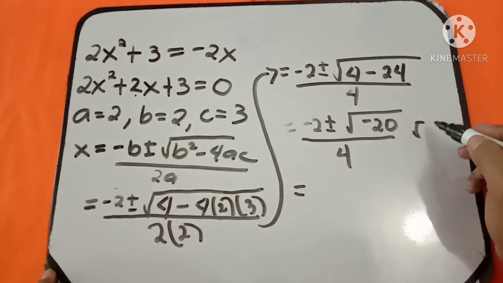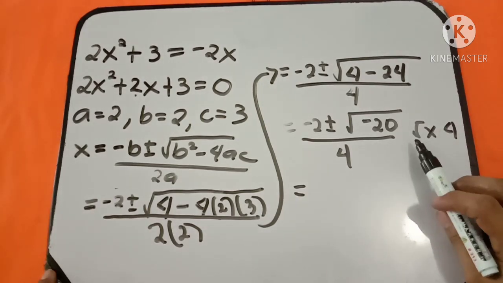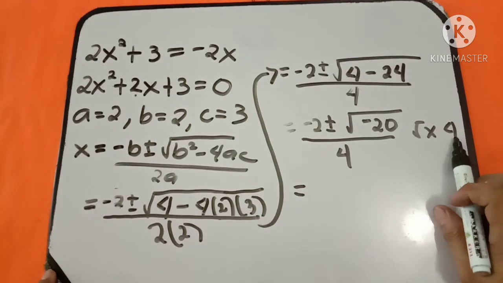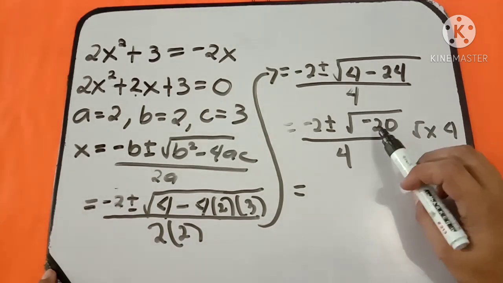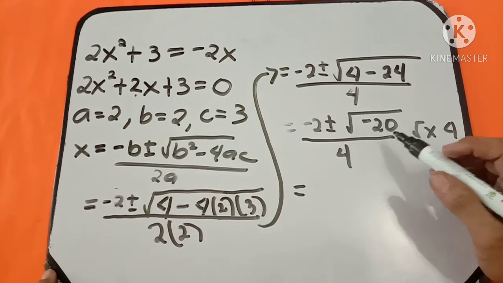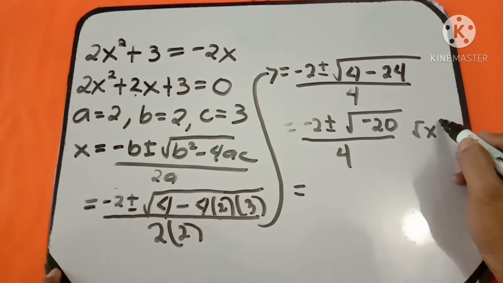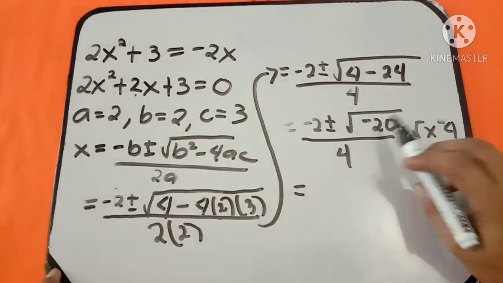That is 5 times 4. Am I right? One of the factors is a perfect square number, which is 4. But in our problem, it should be negative because our 20 is negative. So our negative should be written into the factor that is a perfect square number. Okay, so 5 times negative 4 is negative 20.